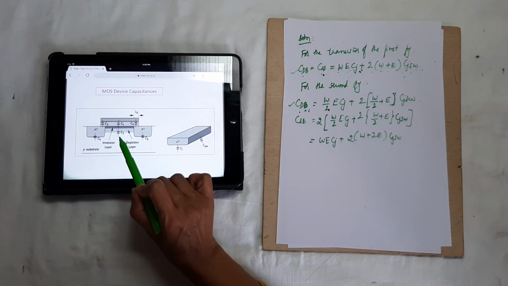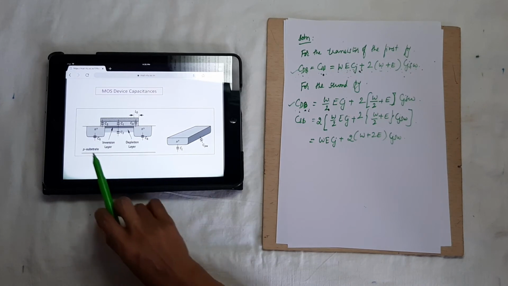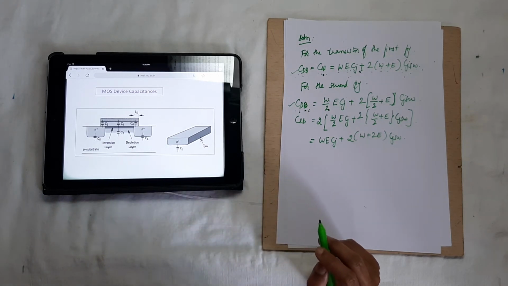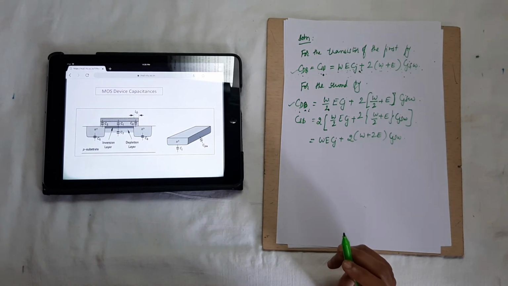C1 is oxide capacitance, C2 is a depletion capacitance, C3, C4 are the overlap capacitances, C5 and C6 are the junction capacitances. Now, the value of these capacitances vary depending upon in which mode the transistor is operating. Either it may be operating in the cutoff region, or in the triode region, or in the saturation region. So accordingly we have to write the equation for the capacitances.